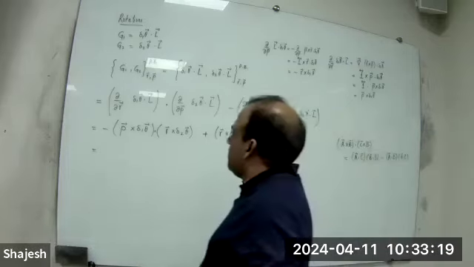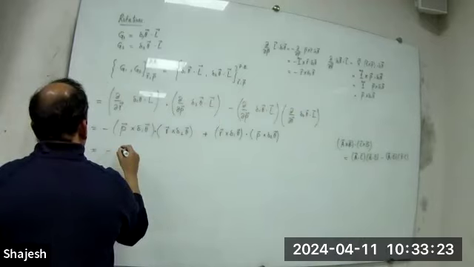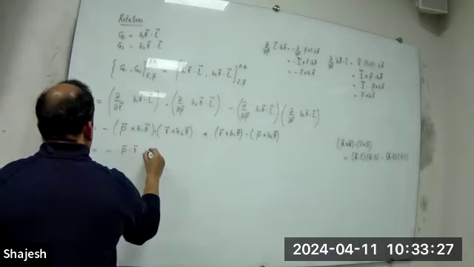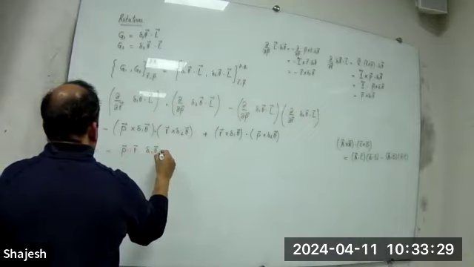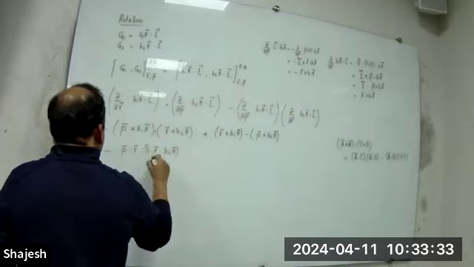Use that in here. So this is minus P dotted with R, delta 1 theta dotted with delta 2 theta.